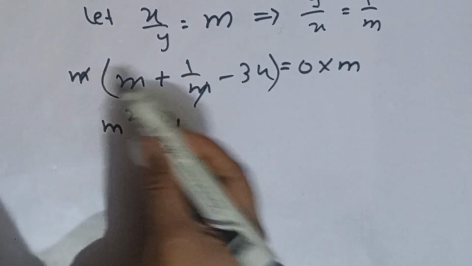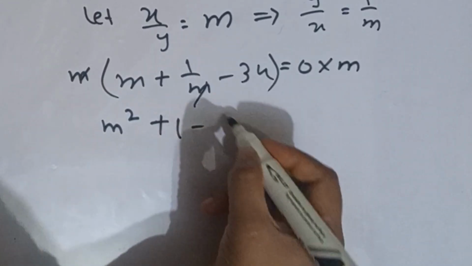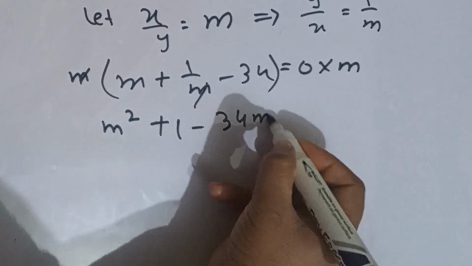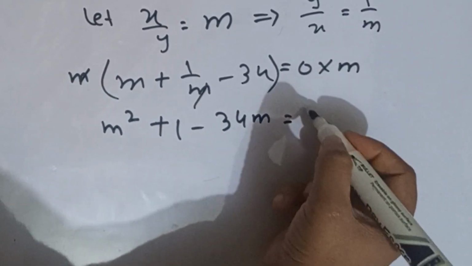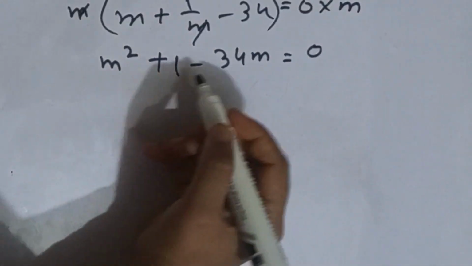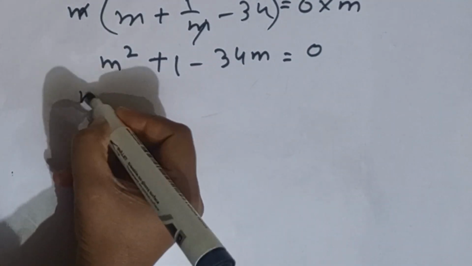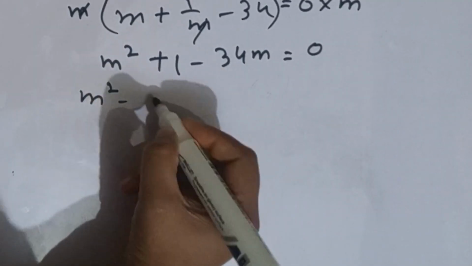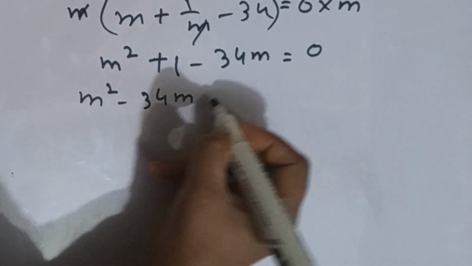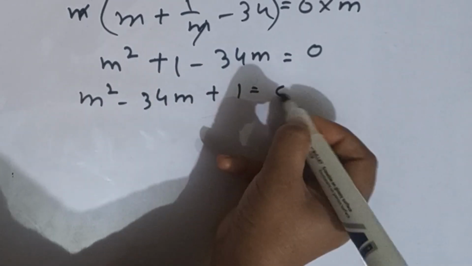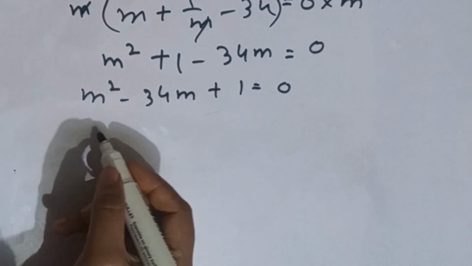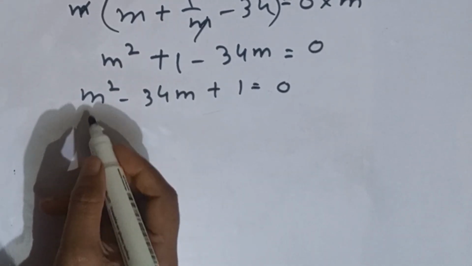Multiplying 34 by m gives 34m, and 0 times m is just 0. Rearranging, we have m square minus 34m plus 1 equal to 0, which is a quadratic equation, and we use the quadratic formula.